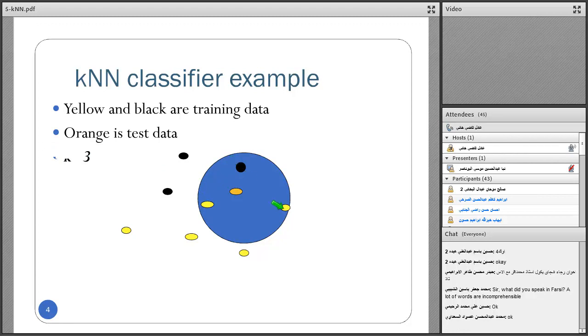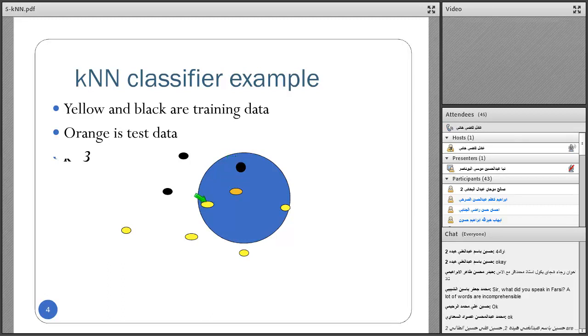So we see that this is the test data. These are the three data from the training data which are nearest to the test data: 1, 2, 3. K is the number of neighbors which are nearest to the test data.